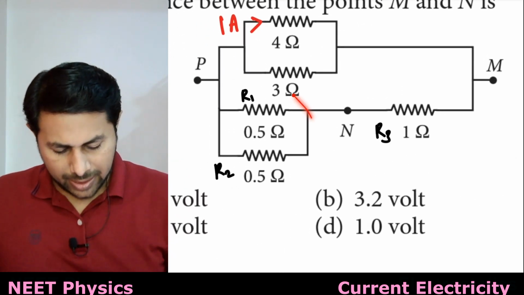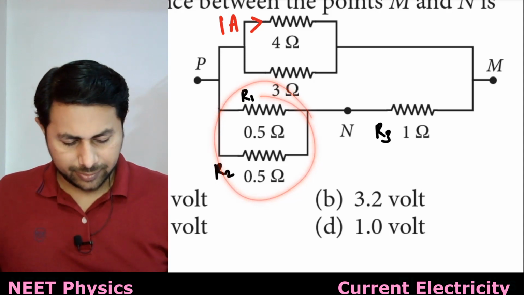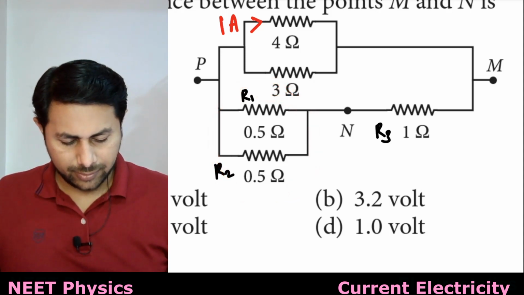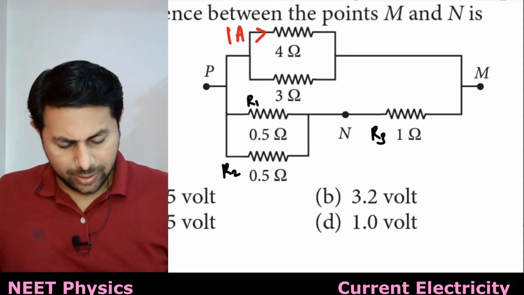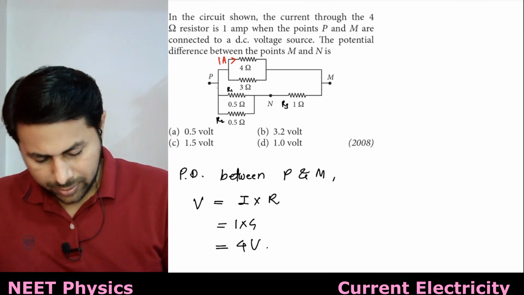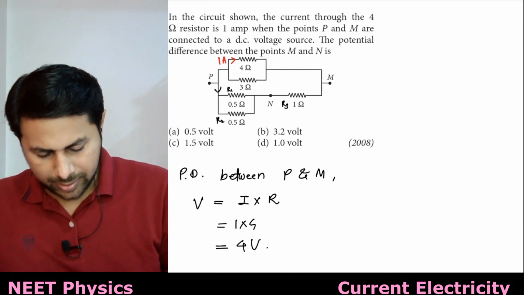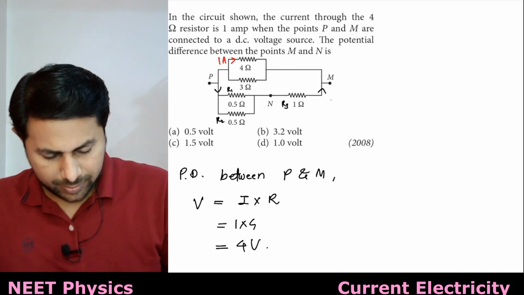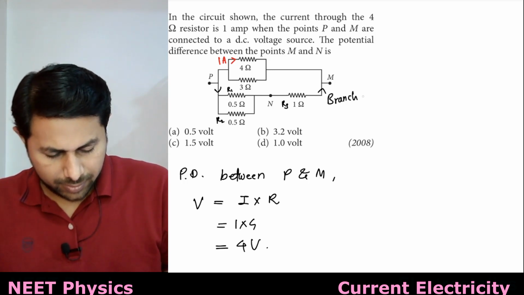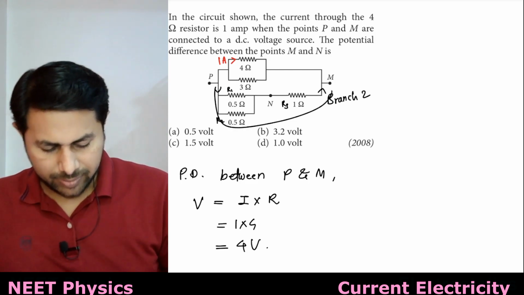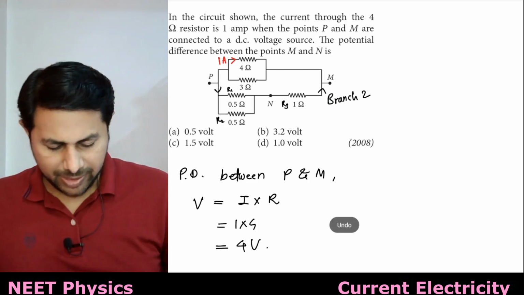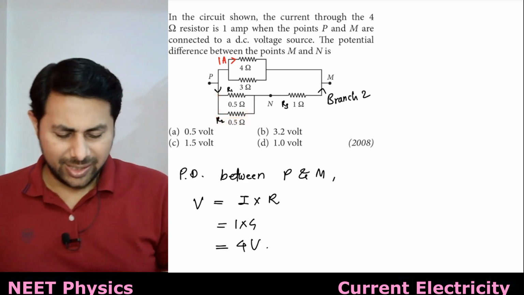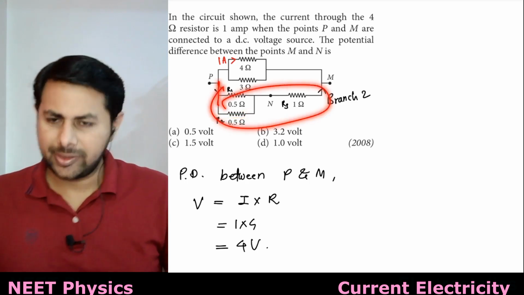So R1 and R2 are in parallel. Let me call this branch 2. Actually it splits in this branch again, but let's just say this total is branch 2.